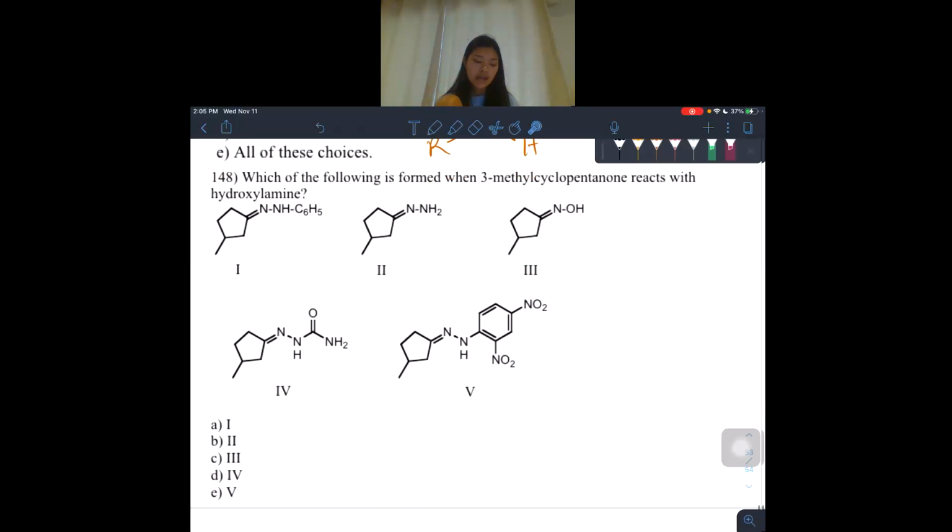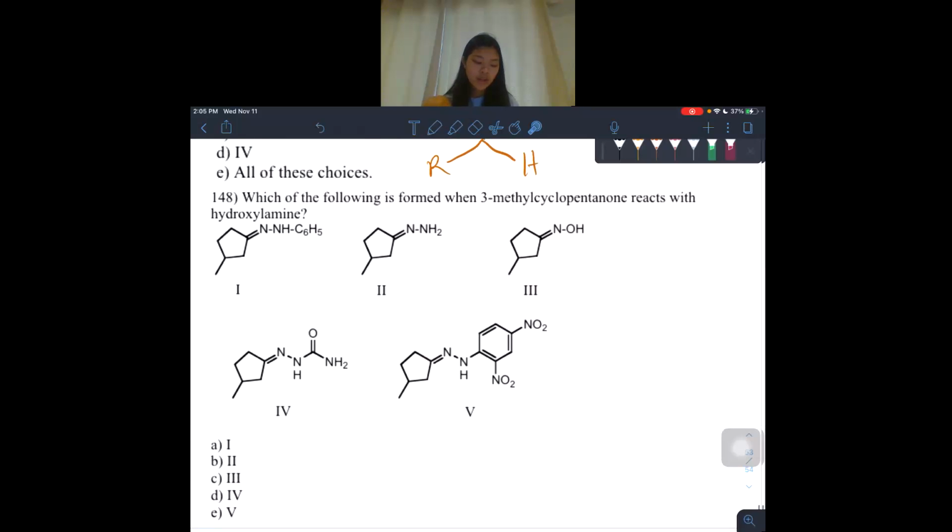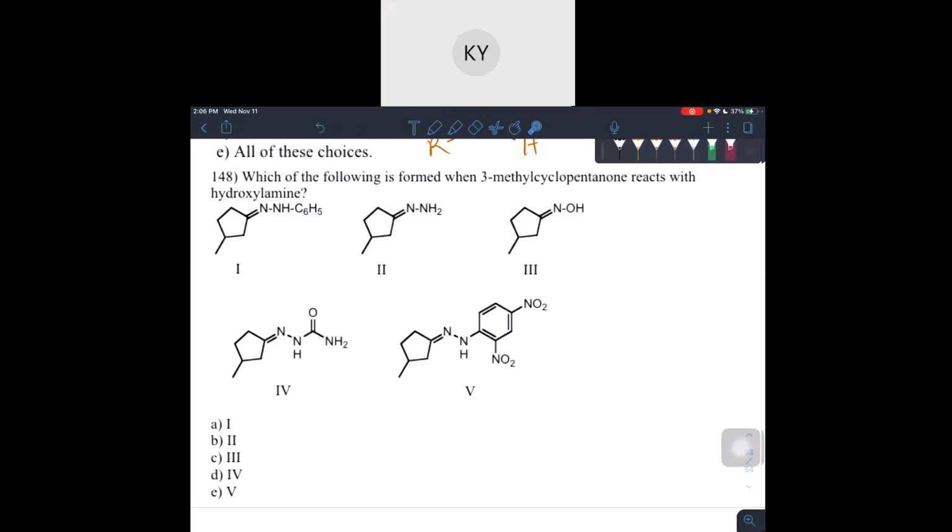All right, last one, guys. So 148. Holy crap, I never thought we'd get here. It's asking which of the following is formed when 3-methylcyclopentanone reacts with hydroxylamine. That was a mouthful. So let's go ahead and draw out our molecule.